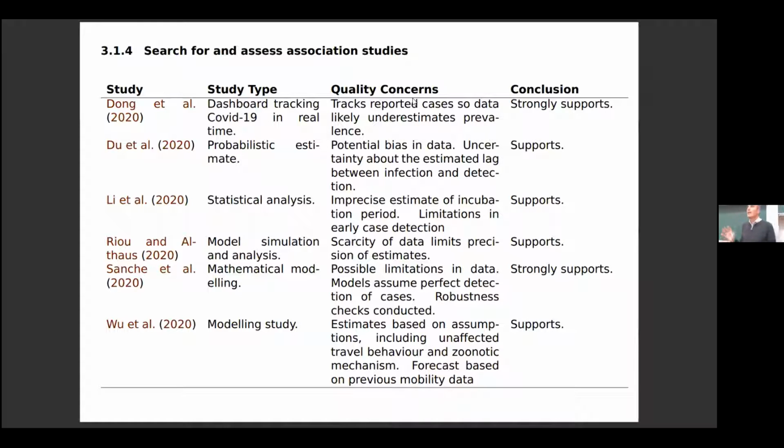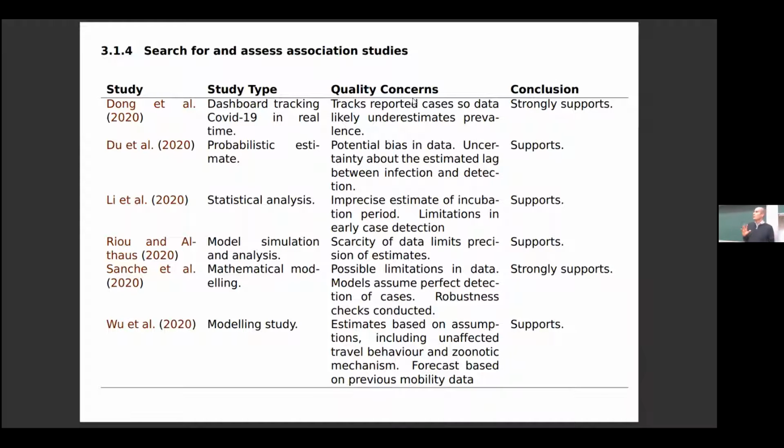First step is to do a kind of standard EBM or EBL assessment to assess the association studies. So you go through the association studies, try and find out whether they support the correlation claim, do they support the causal claim? Is that correlation likely to be due to the presence of an underlying mechanism and therefore causation, or is it likely to be spurious and due to some kind of bias, for example?